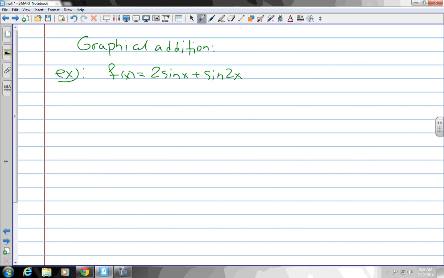But if you can sketch them separately, we can always add the heights of each function at any given point, and then you're going to get the sum of the two. So the way we do that, we will start with sketching both of these functions separately. Let's say this is pi, this is 2 pi.